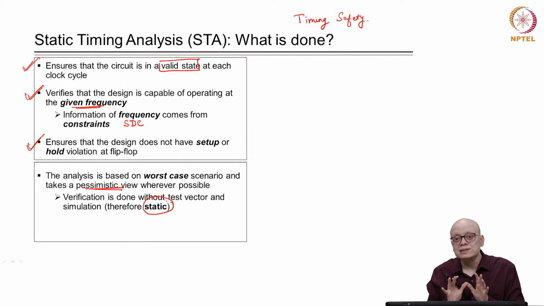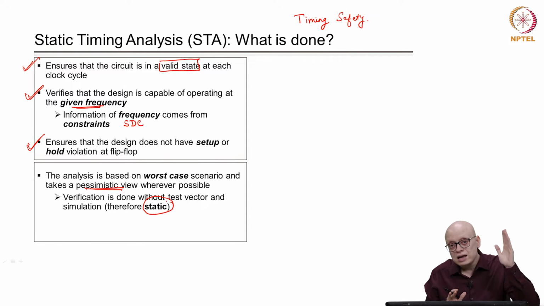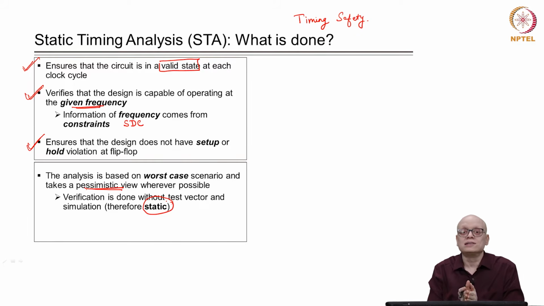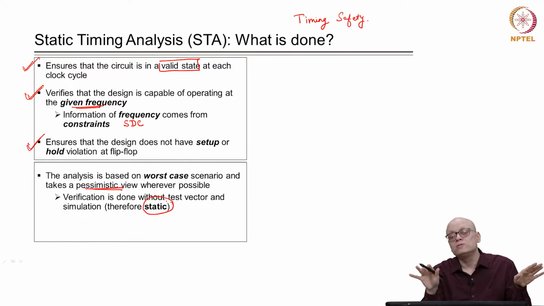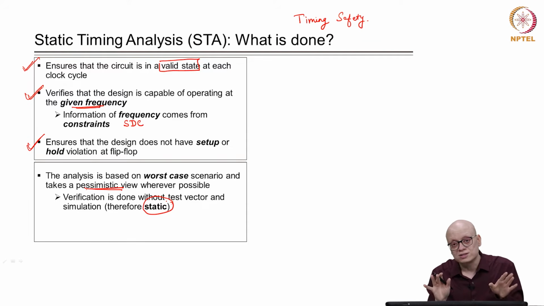An STA tool only focuses on the worst case behavior of the design. In the worst case, most of the input vectors that we can apply to our design do not contribute to the worst case scenario, and therefore we can safely neglect those test vectors. So static timing analysis does analysis without using test vectors.